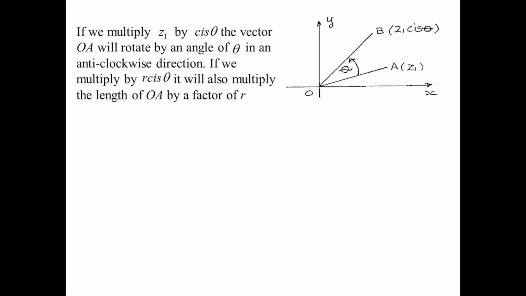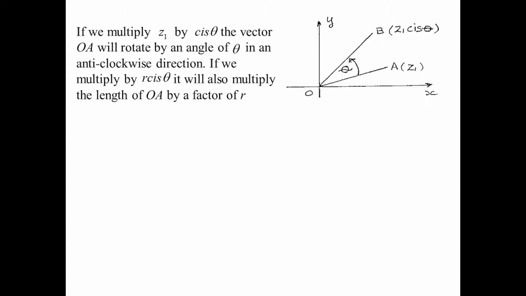So here are two vectors, one representing the complex number z1, and B representing z1 times cis theta. What that tells me is the angle between these two vectors must be theta, because I've multiplied z1 by cis theta. So I must have added the angle theta onto it.